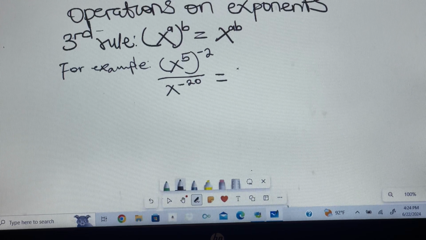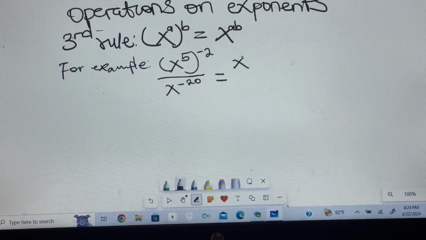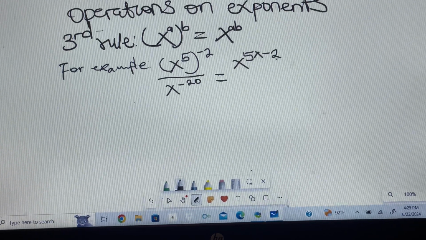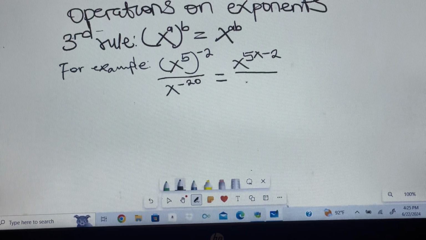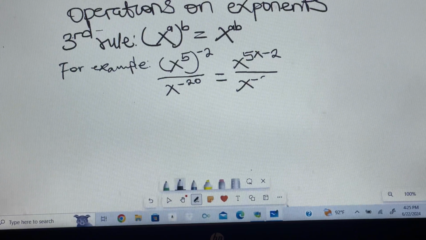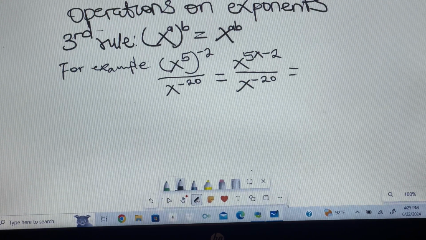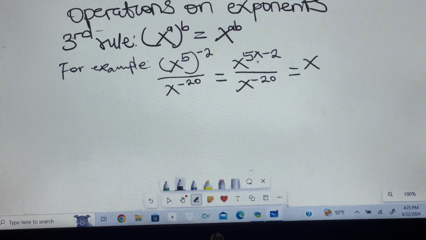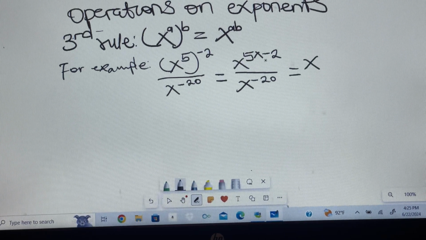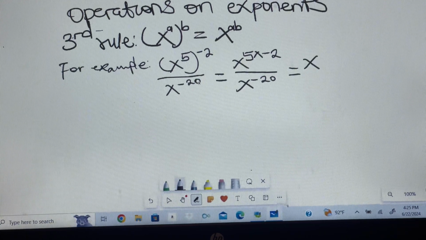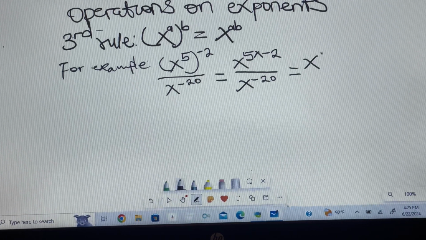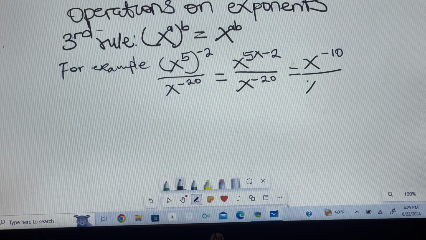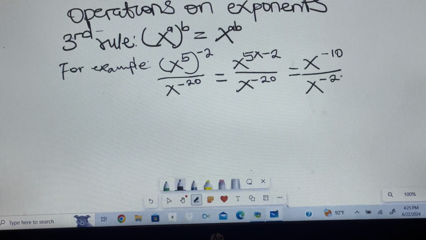Right here we have in the numerator x to the power of 5 multiplied by negative 2, all over x to the power of negative 20. So this should be equal to x to the power of, 5 multiplied by negative 2 is what? Negative 10. Negative 10 over x to the power of negative 20.